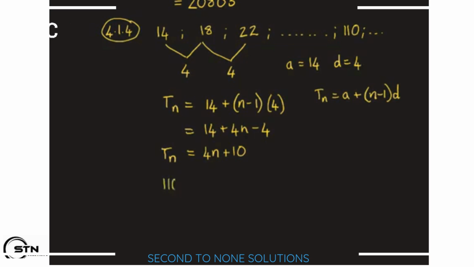So that's the next thing we do. We substitute in 110, and we're going to manipulate things so that we will get 100 equals 4n, which of course means n is 25. So that means that 110 is going to be the 25th first difference.